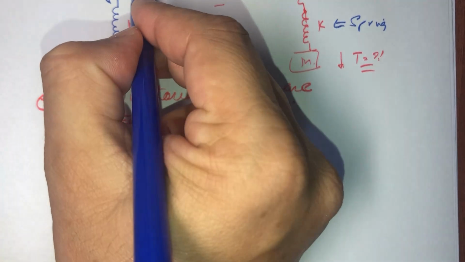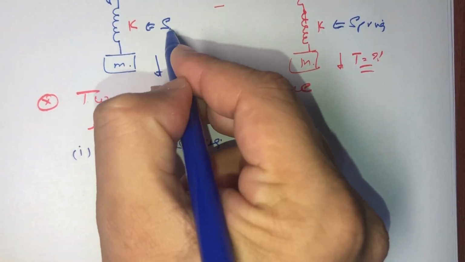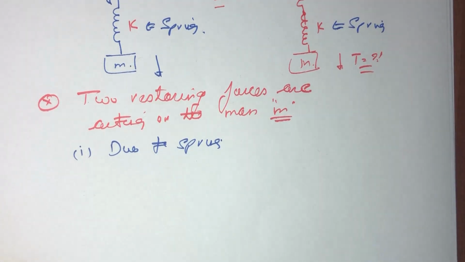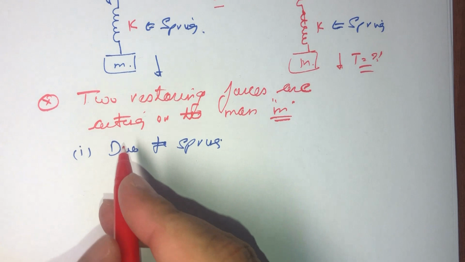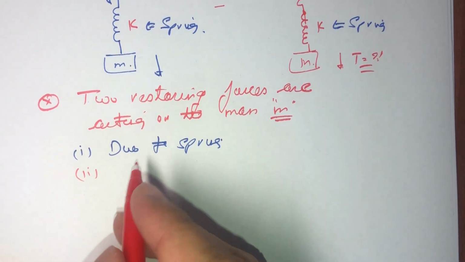Here also this is our wire and this is our spring. First is due to the spring, and second is due to elongation of the metallic wire, which behaves like a spring.